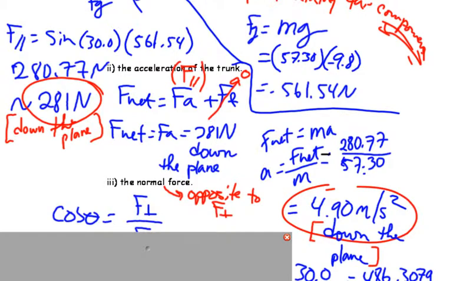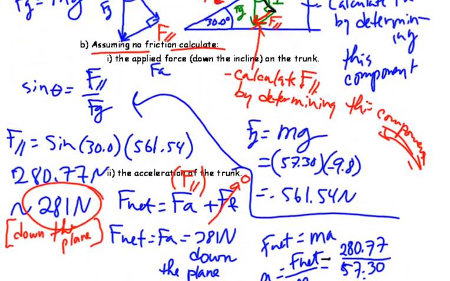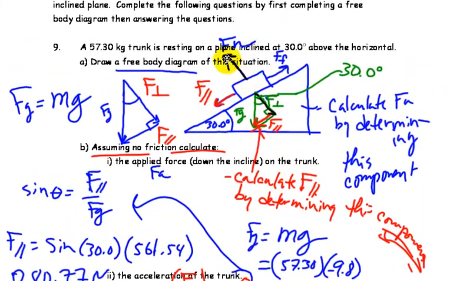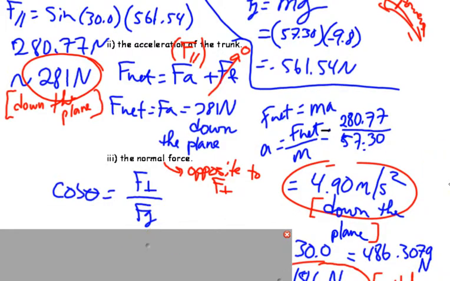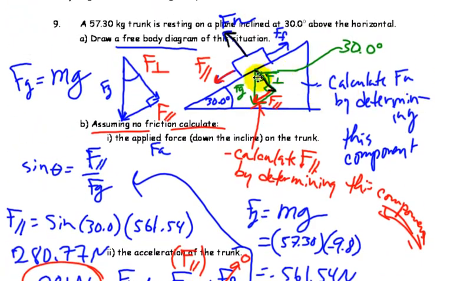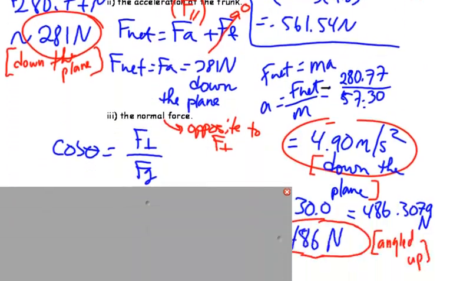Okay. Next, the normal force. So normal force, once again, is equal and opposite to F perpendicular. And if I look at that, F perpendicular is the adjacent side over hypotenuse.